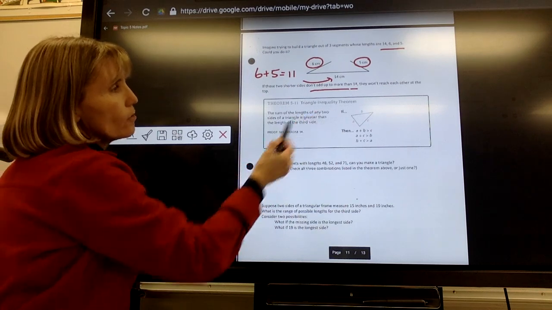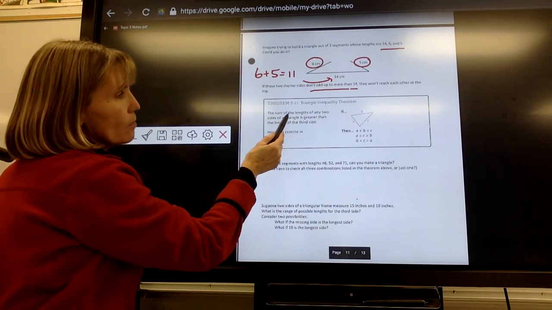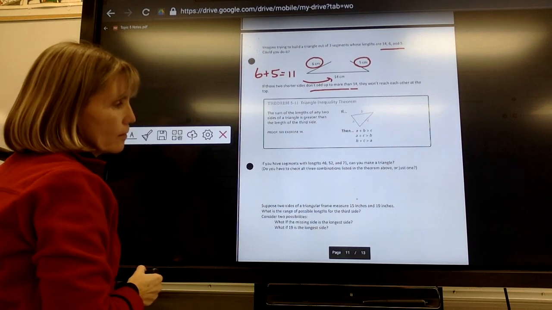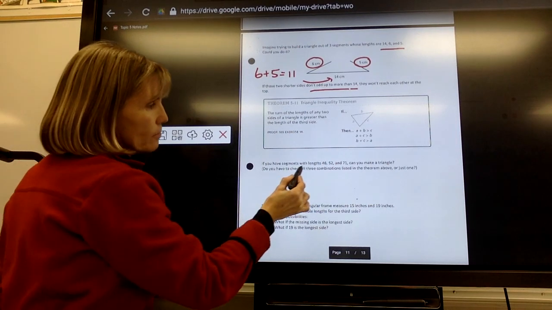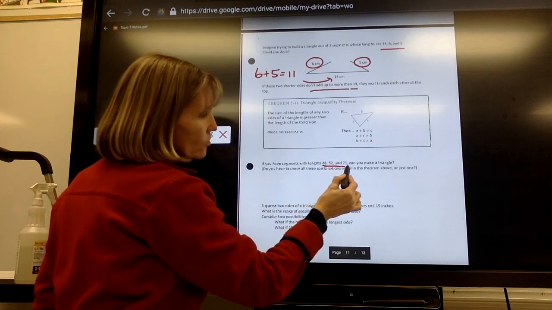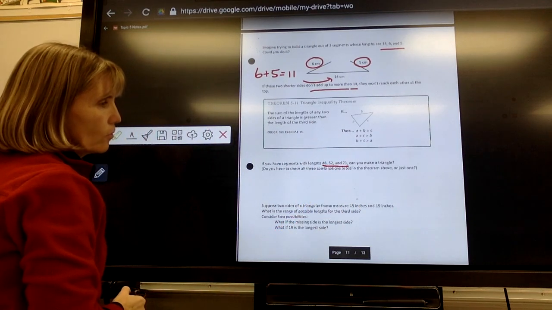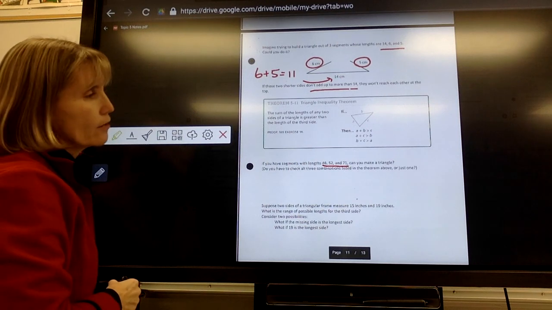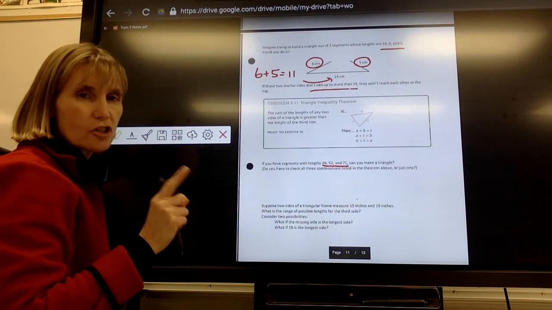It's called the triangle inequality theorem. The sum of the lengths of any 2 sides of a triangle is greater than the length of the 3rd side. So if you have segments with lengths 46, 52, and 71, can you make a triangle? Do you have to check all three combinations listed, or can you just check one? You can just check one.